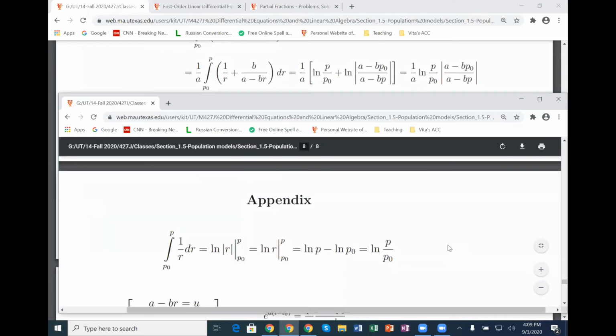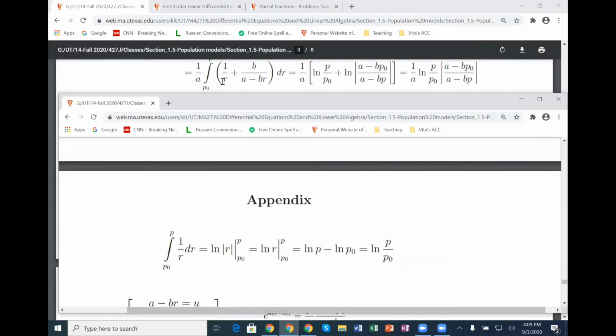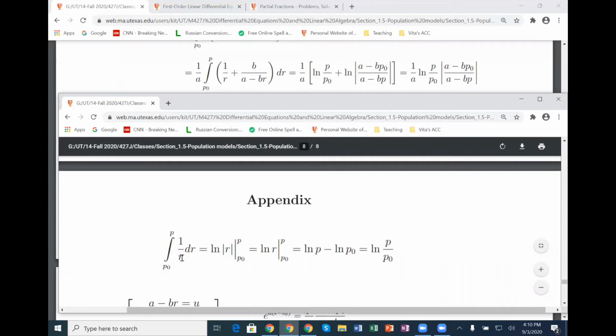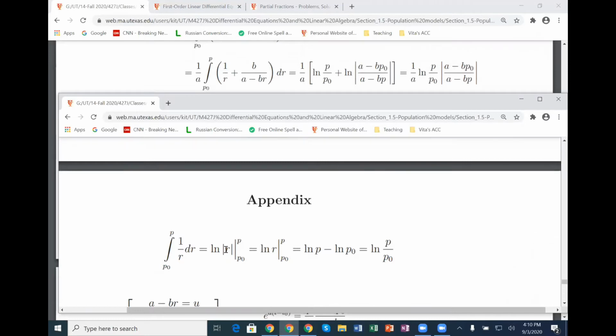Let us look at the appendix over here. So, first of all, let me show you why integral of 1 over r is equal to ln of p divided by p0. Here is this integral. Antiderivative of 1 over r is ln of absolute value of r, but r is non-negative because r is population.